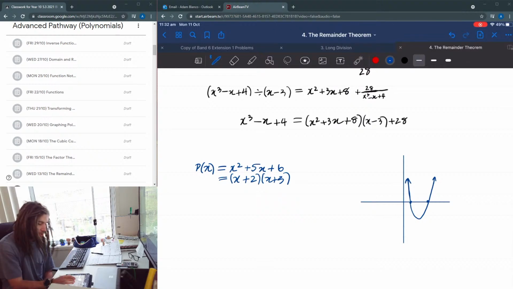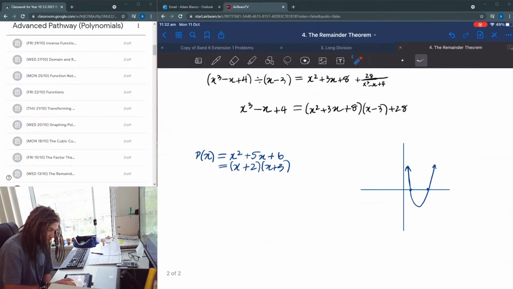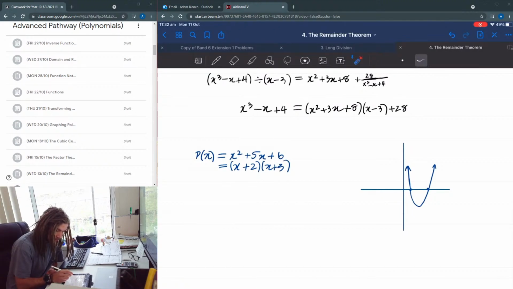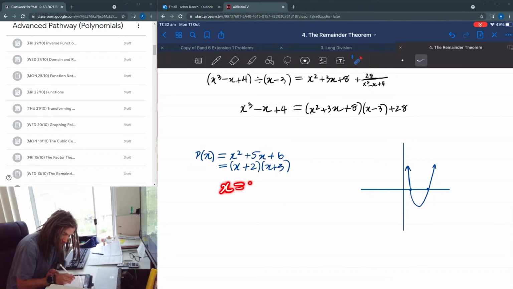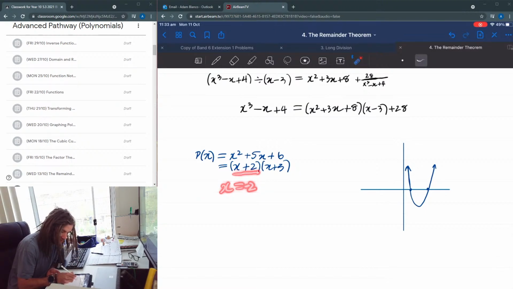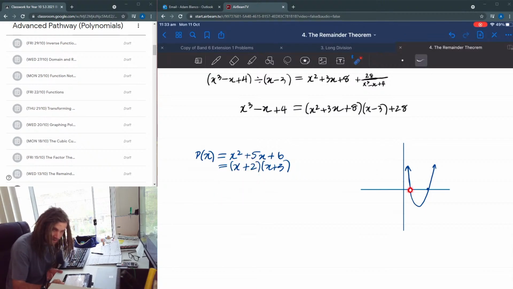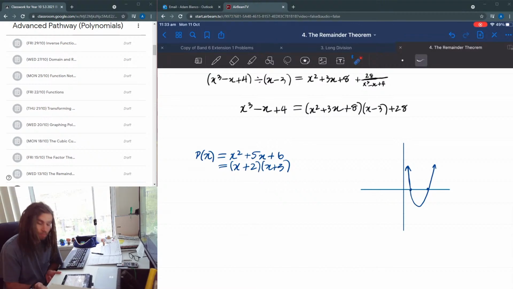Now, if I inputted x equals minus 2 into here, that would be 0, so this would equal 0, and that just tells me what my x-intercept is. That should be no surprise.